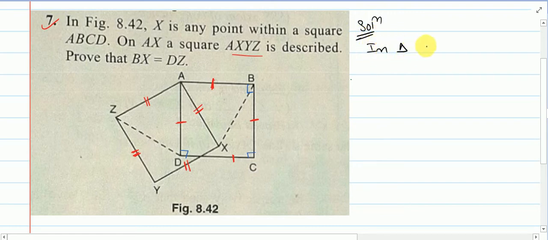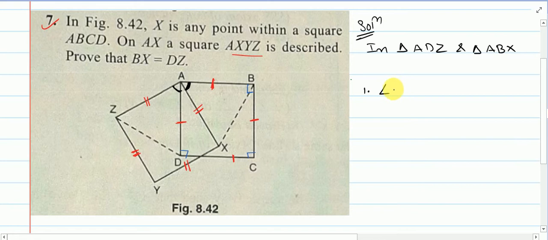In triangle ADZ and triangle ABX. Number 1, this angle will be equal to this angle.